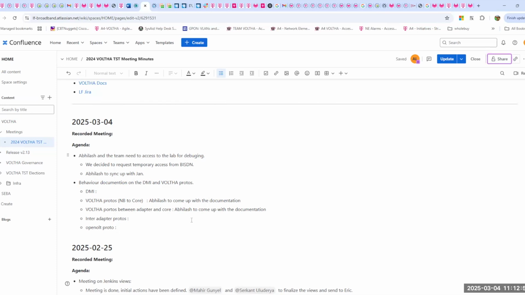Probably we can take them up later also, but most probably I'll start off with the core and the protos between adapter and core. So we can fill in as and when. I'll take this item again in the next TSC call. So if anyone changes their mind and wants to contribute to the documentation, please do.